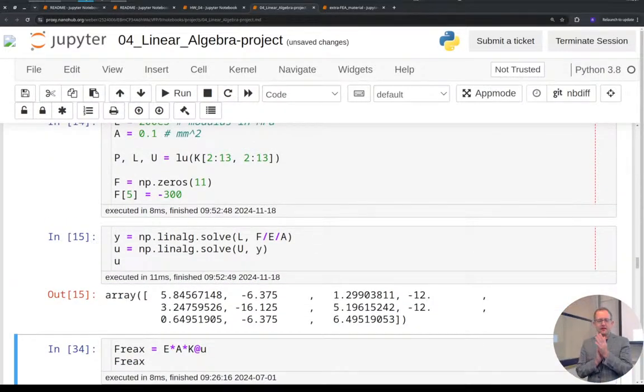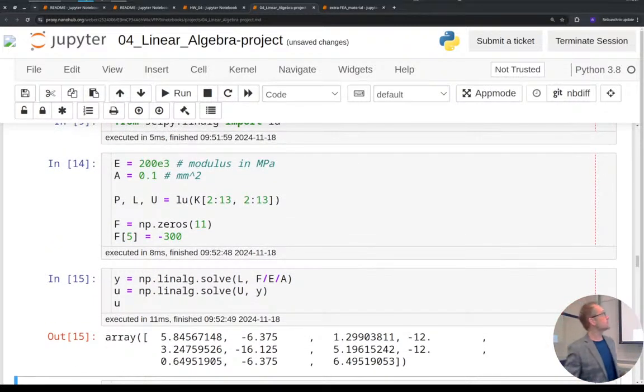So, kind of setting up our linear algebra problem, we have a scalar value of modulus, a scalar value of area. Because they're all the same kind of elements, we can pull those out and now just multiply or divide by whatever those values need to be.